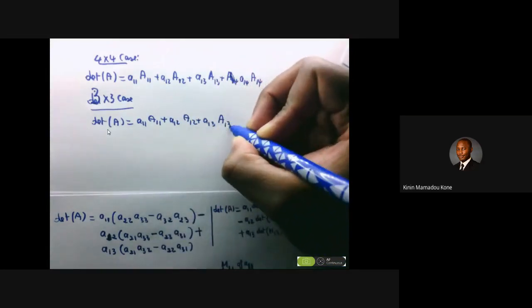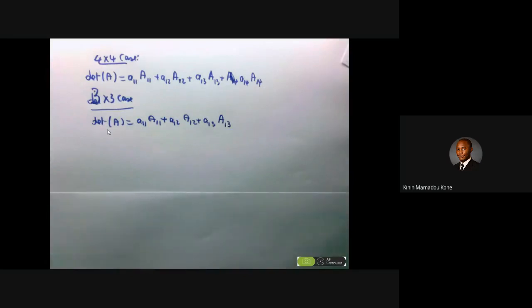Coming back to the 3 by 3 case, this was a 4 by 4 case. The determinant of a matrix A in terms of cofactor expansion is as follows. Here we move along a row.